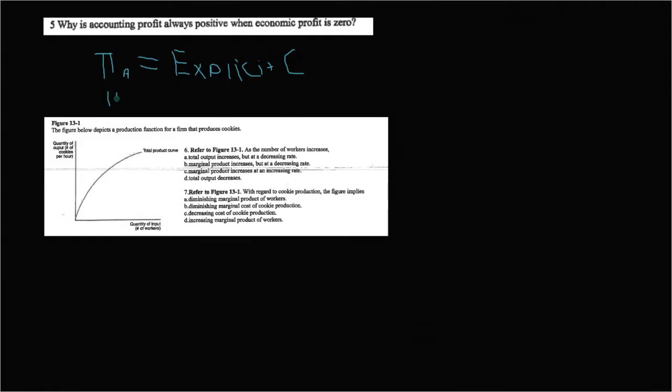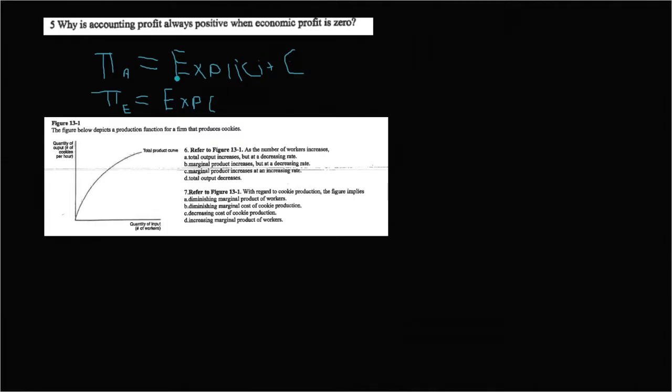But profit sub E, economic profit, is going to be your explicit costs and also total revenue. You can't forget the total revenue. Total revenue minus explicit costs. I'll just say it so it's not all scrunched up here. I will rewrite this.